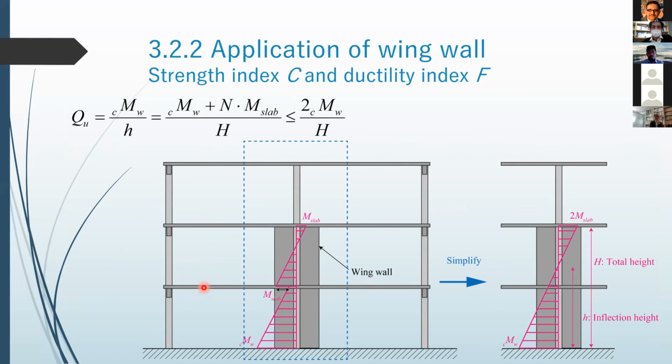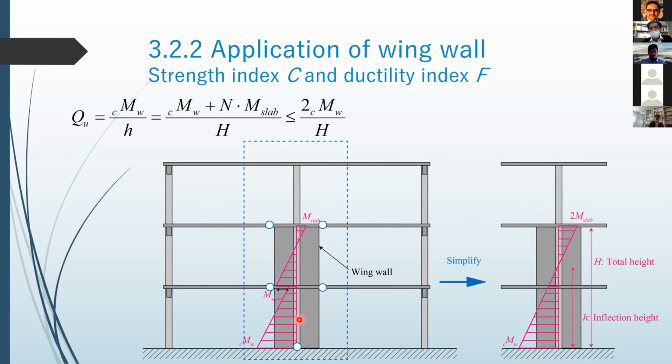This is the image of calculation of QU. These figures show how we derive this equation. A flat plate structure is a very flexible structure, so the behavior is very similar to a cantilever column. But if we assume plastic hinges, assuming the yielding of the bottom of the column with wing wall and yielding of the slab at the edge of the wing wall, we can draw this moment distribution.